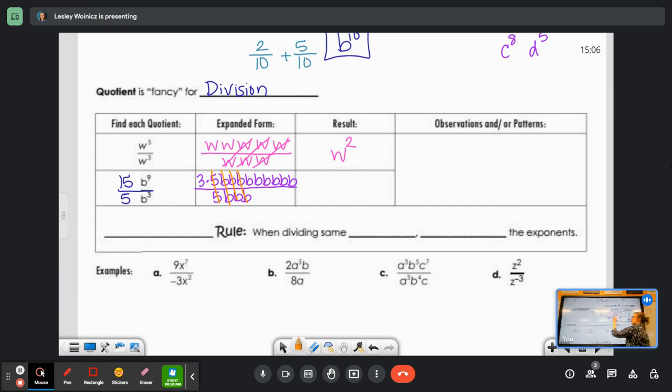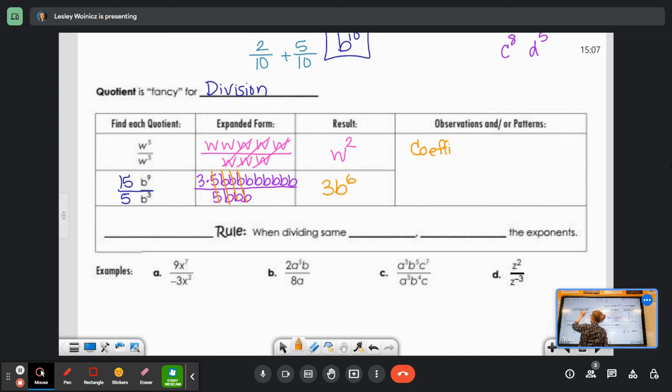So what's left is a 3, and then keep my base, B, raised to what power? The 6th. So what happened with the 15 and the 5 to get a 3? Yeah, they just got divided. So the coefficients got divided.